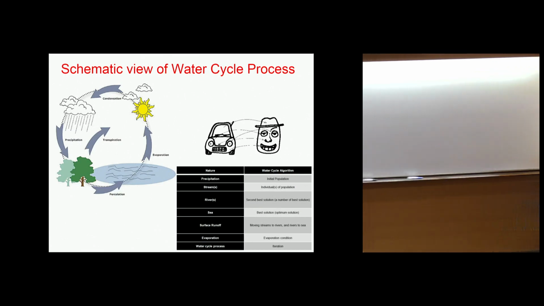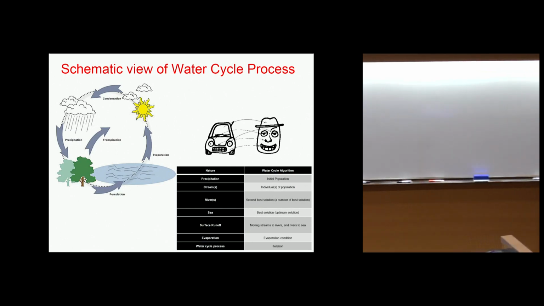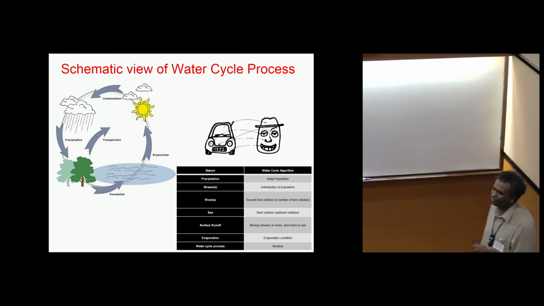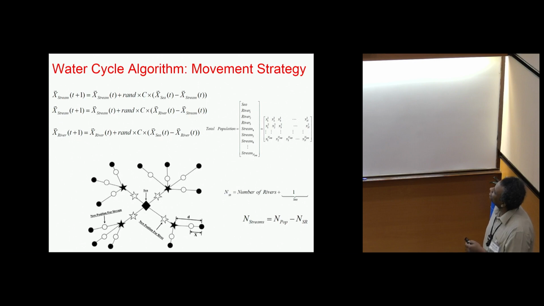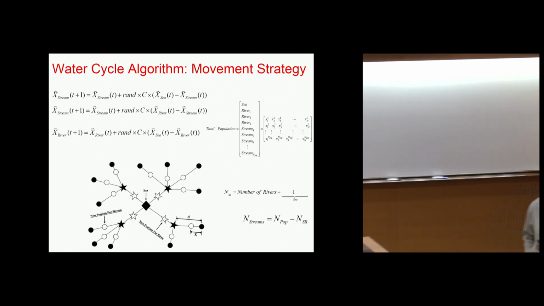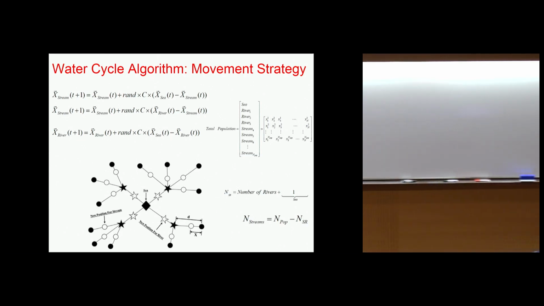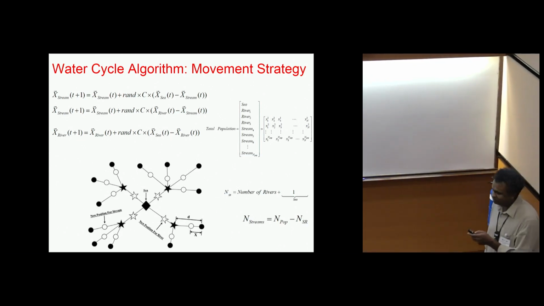I don't quite understand anyway. If you are interested, you can have a look at them. The equations are here, but they look very similar to differential evolution or PSO and so on. That is where the problem is. All these methods have similar update equations eventually.